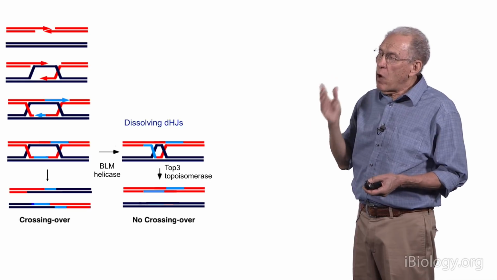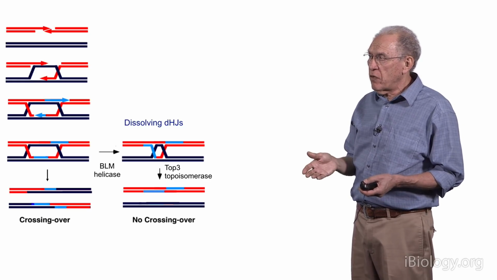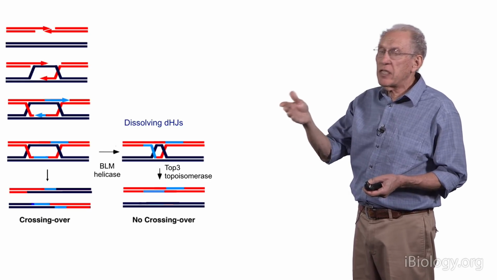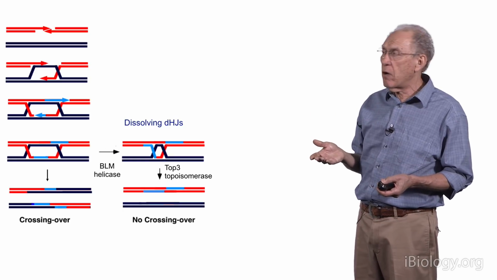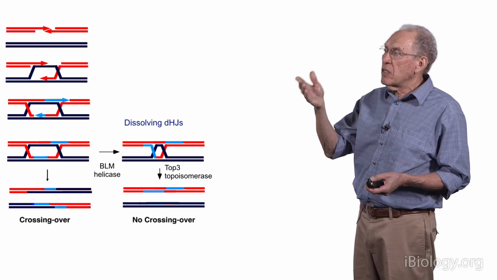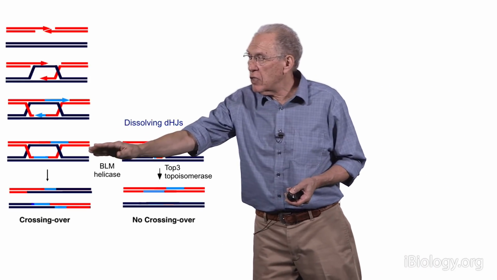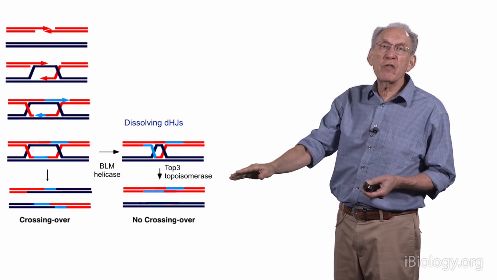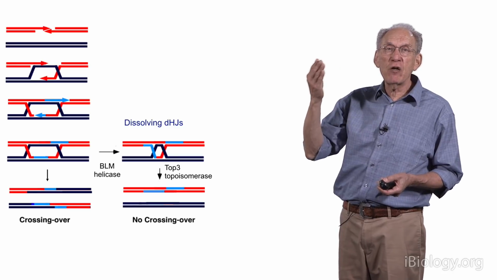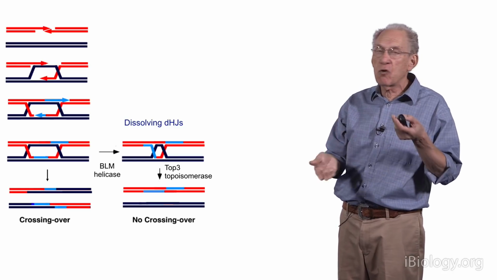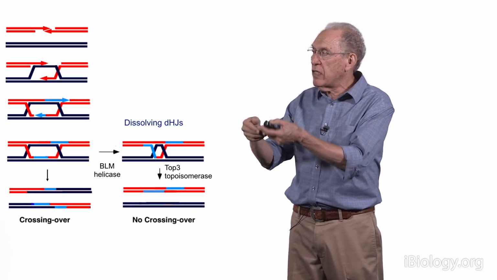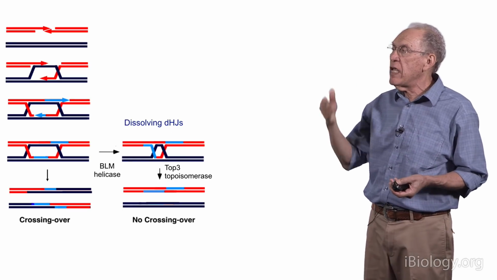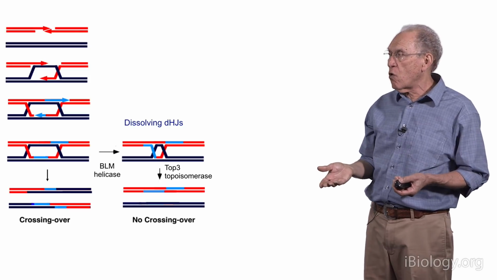Okay. And one of the reasons you only see a few of these events is that these intermediates have an alternative way of being resolved that I haven't talked about until now. And that is that some of these double Holliday junctions can be dissolved rather than resolved. That is to say, they are not being cut by nucleases into crossover and non-crossover outcomes. They're actually being unwound and taken apart in such a way that they result in no crossing over.